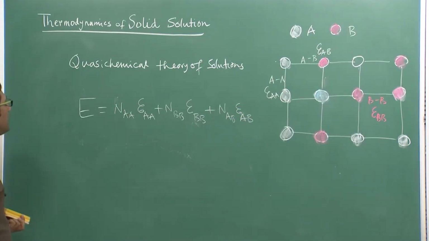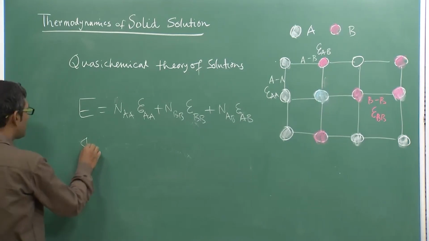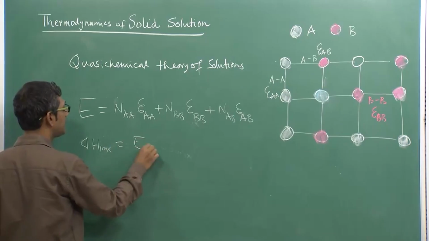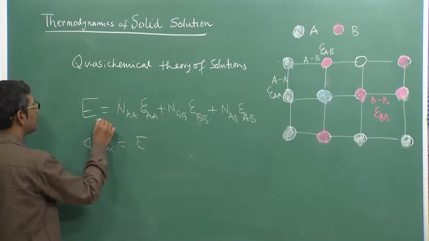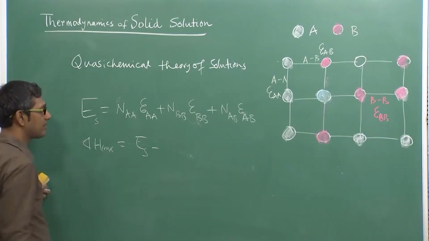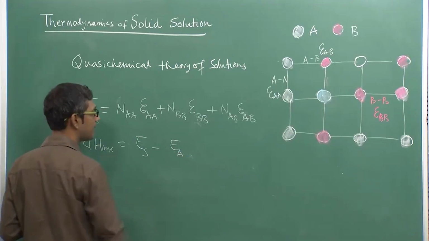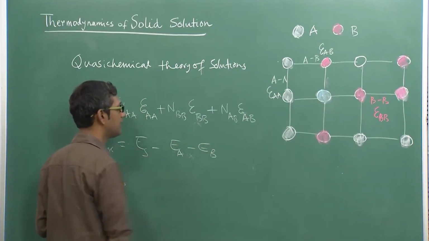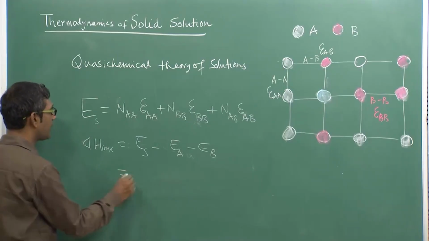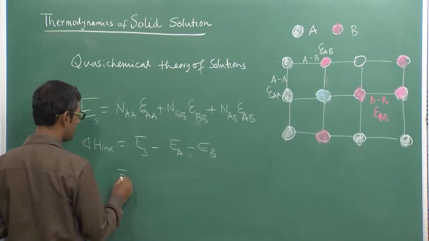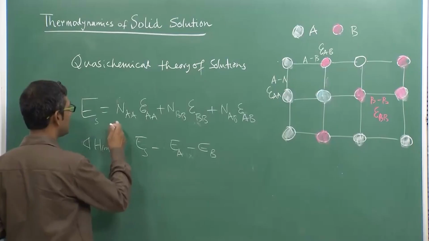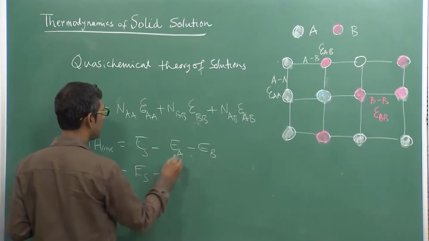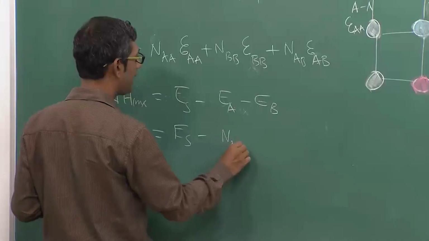Correct. So if delta H mix is related to E, suppose this is E of solution minus E of pure A minus E of pure B, then you can clearly write that this is E of solution minus the number of bonds from AA.